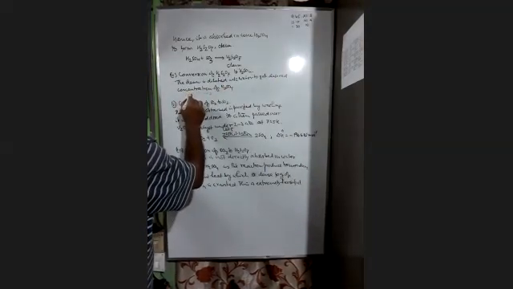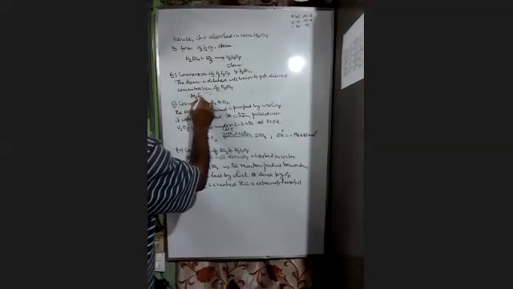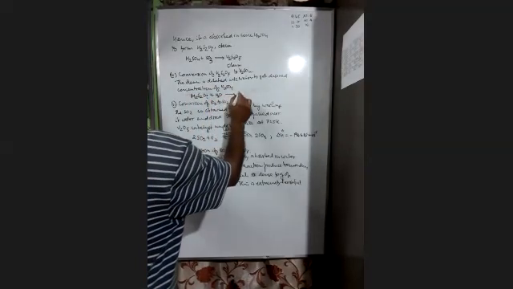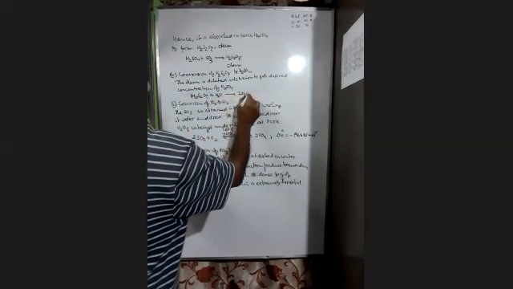Suppose you want to get concentrated, you add less water. If you want to get dilute, you add more water. So right now here, H2S2O7 plus H2O will give you 2H2SO4.